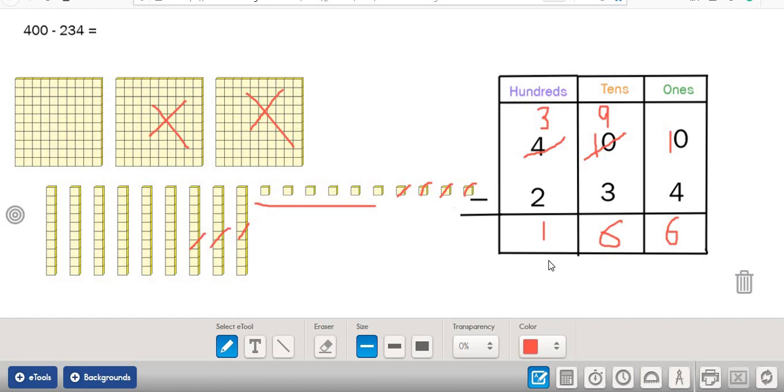So the difference is 166. So the idea, when we subtract from hundreds, we need to regroup 2 times. The first step is to regroup 100 to 10 tens, and then regroup a 10 to 10 ones. This is called subtract across zeros.